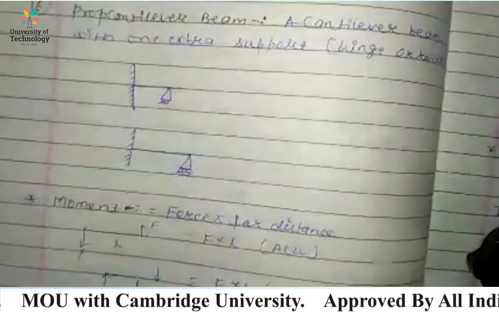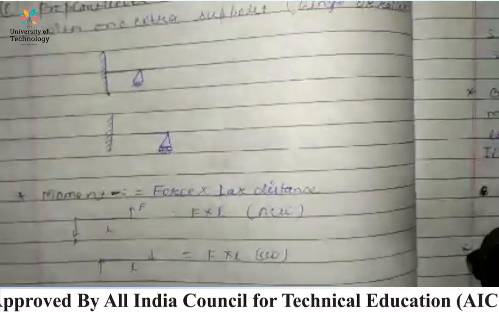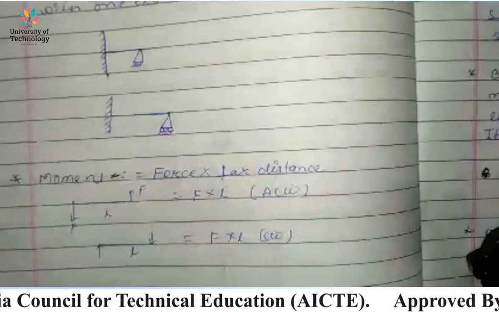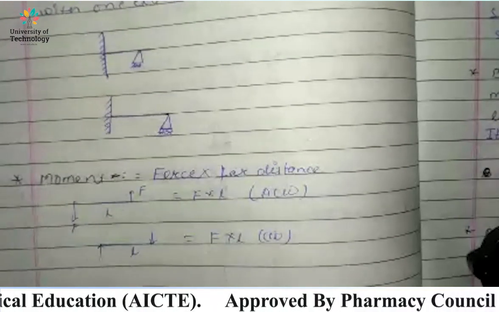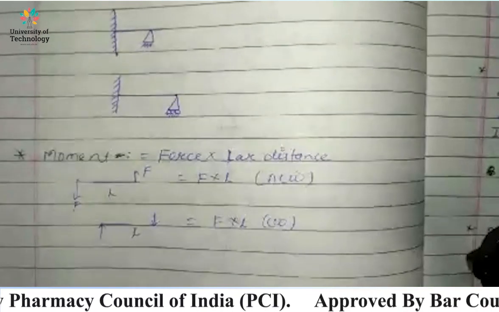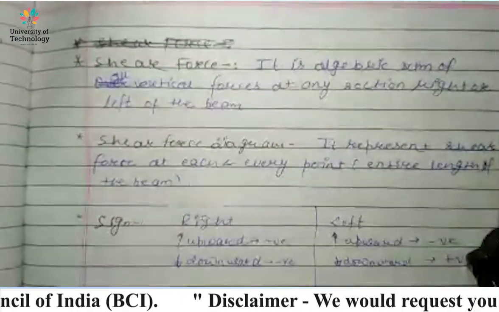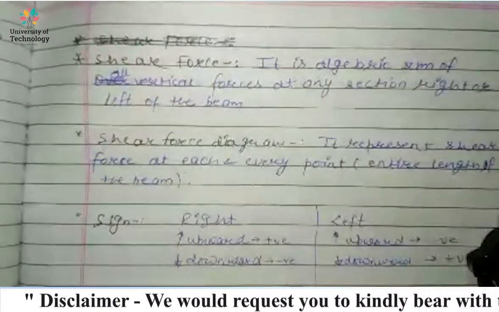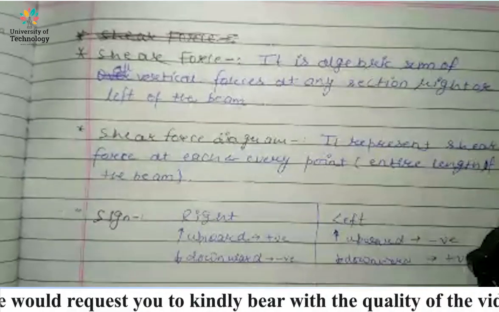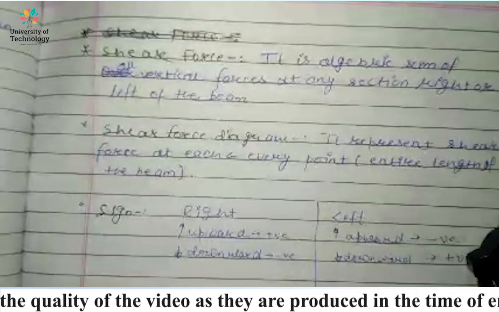And now we will study moment. Moment is force into perpendicular distance, that is F into L, right? This is the moment. Now we will study shear force. Shear force is the algebraic sum of vertical forces at any section, right or left, of the beam.